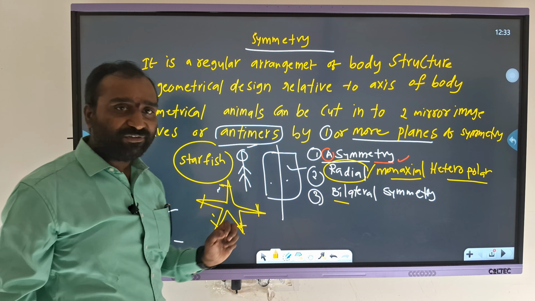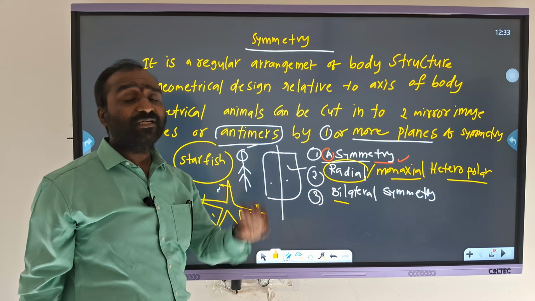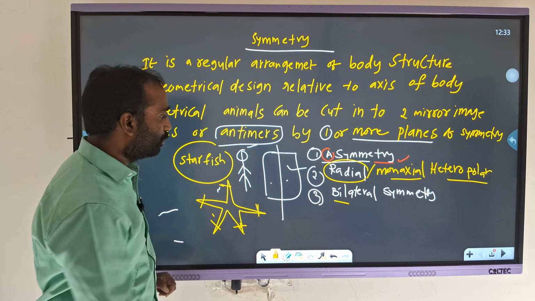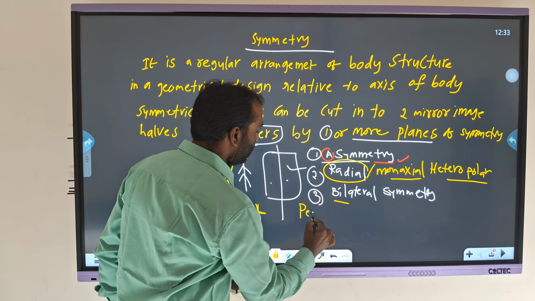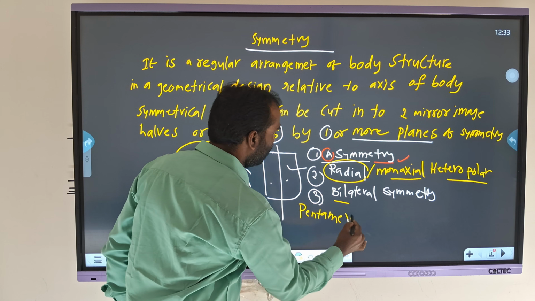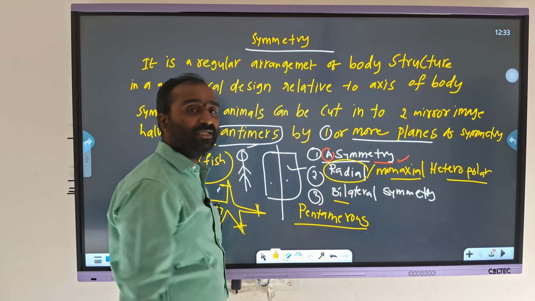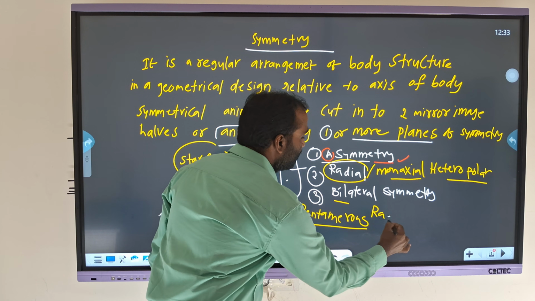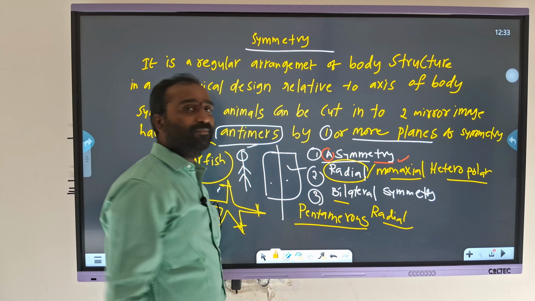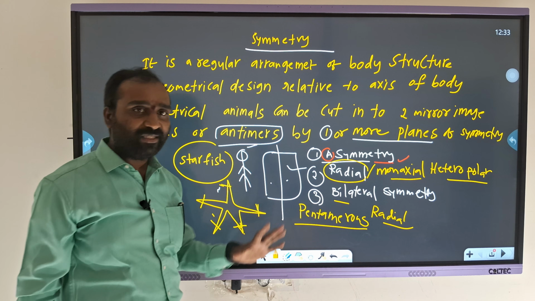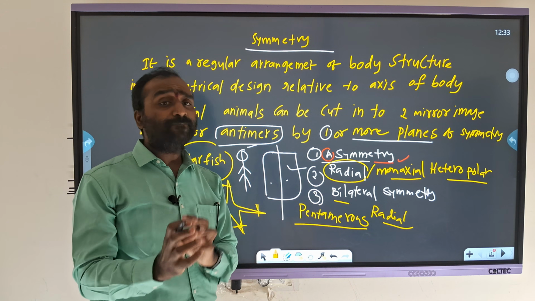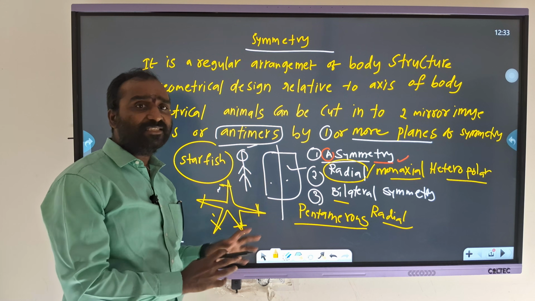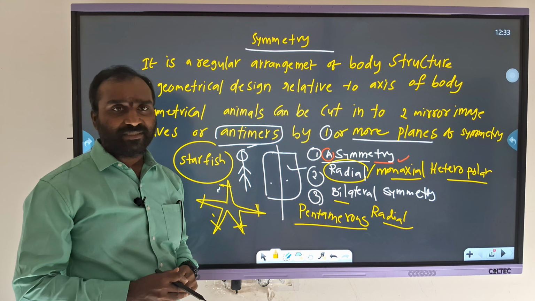So it has 5 arms, hence it exhibits pentamerous radial symmetry. What kind of symmetry here? Pentamerous. Penta means 5. So it is pentamerous radial symmetry. Then what does pentamerous radial symmetry mean? The organism which has 5 arms exhibits radial symmetry. Hence it is called pentamerous radial symmetry.